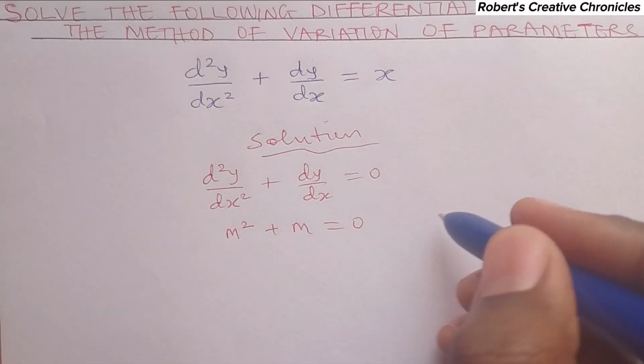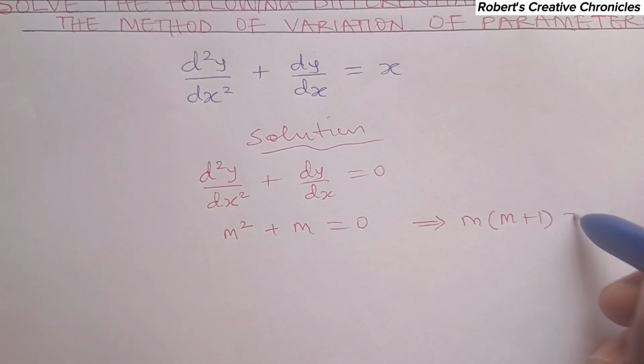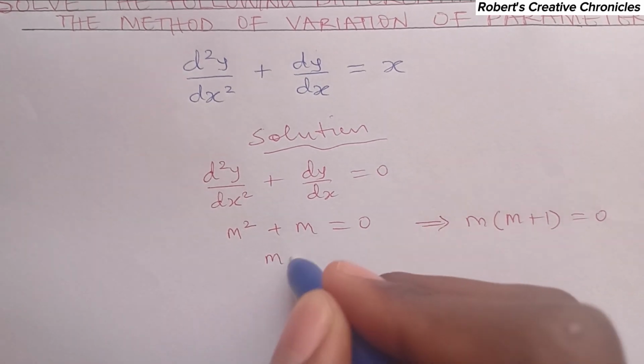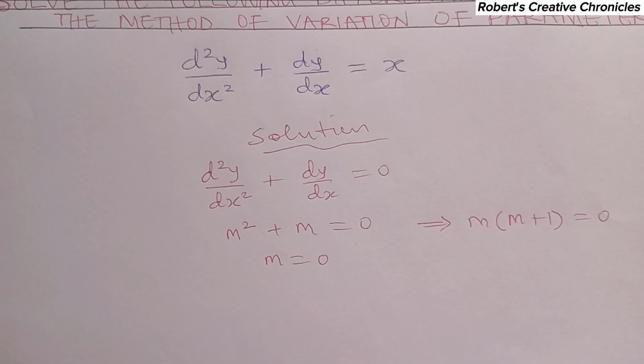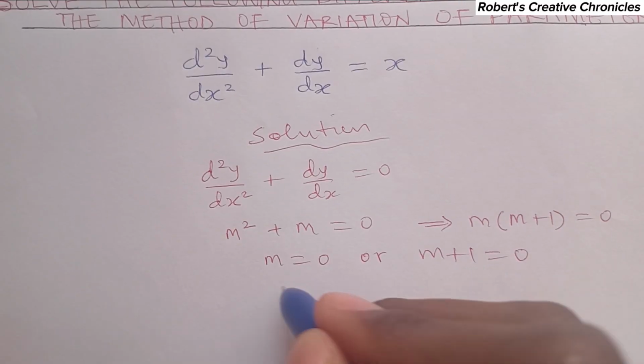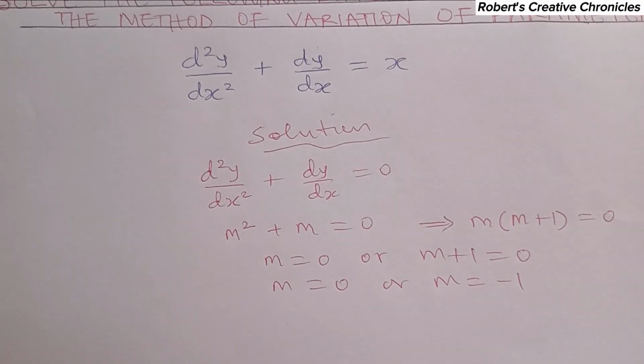Then when we factorize this, it becomes m times (m plus 1) equals 0. So m is equal to 0 or m plus 1 is equal to 0. That's m is equal to 0 or m is equal to negative 1.